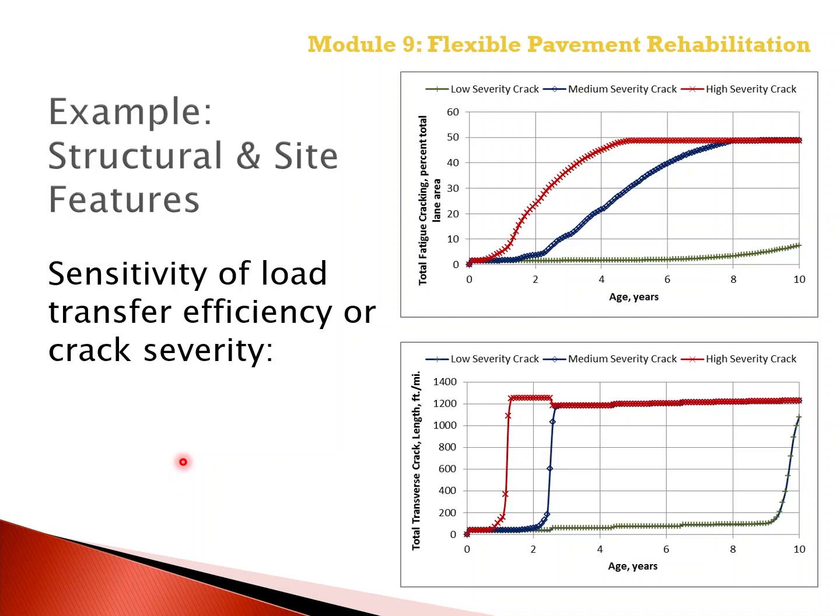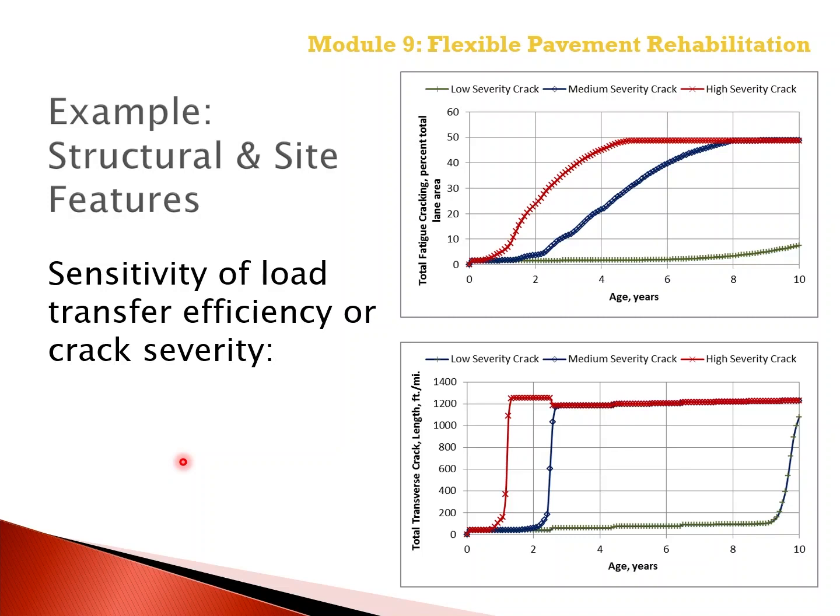So low transfer efficiency is very important in terms of the amount of cracks in our existing asphalt layer, whether they're bottom up fatigue cracks or transverse cracks. They're going to reflect.